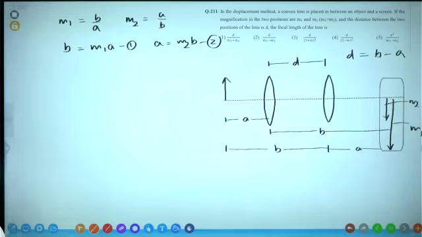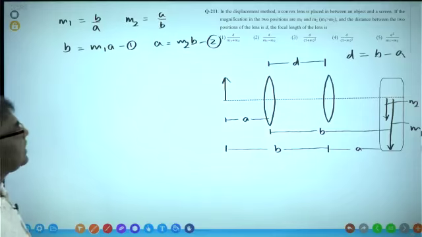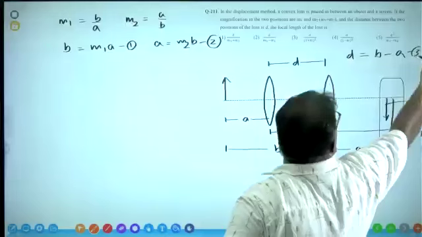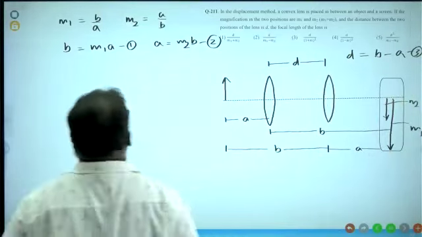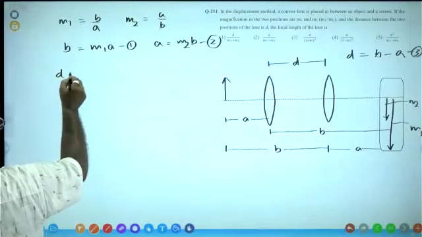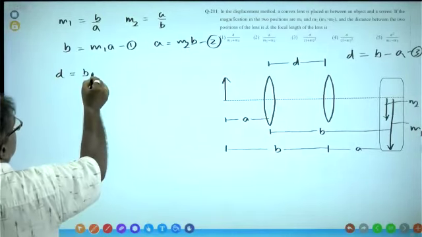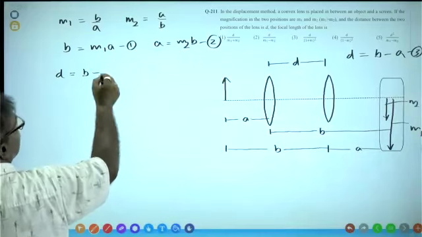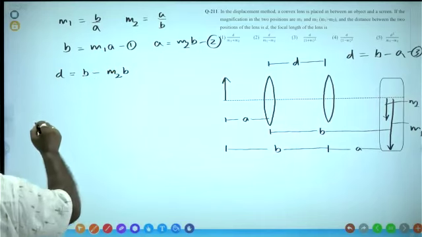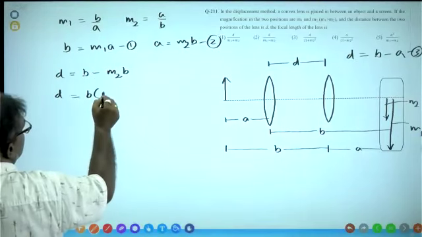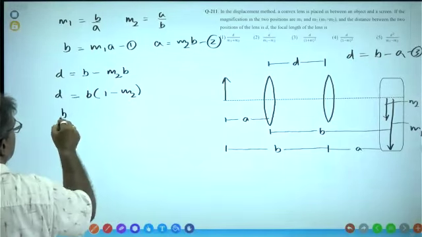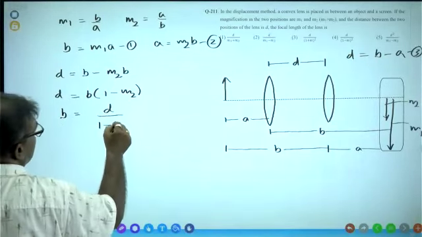Let this one be the third one. From that, D equals B minus A, and A is M2 B. Then D becomes B common factor, 1 minus M2, so B becomes D over 1 minus M2.